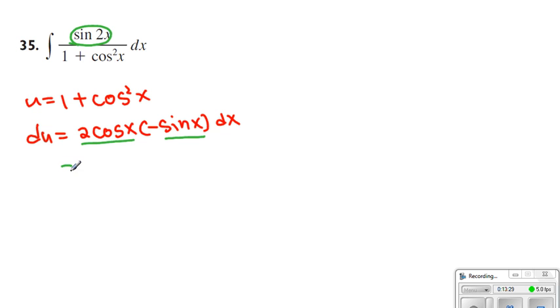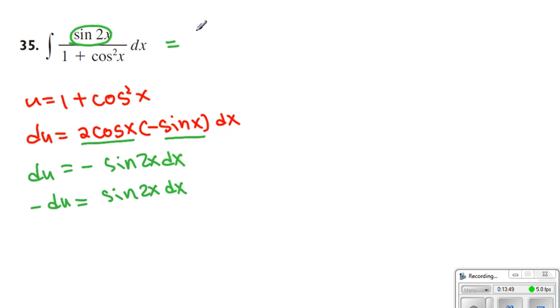So therefore, if you rewrite this one, du is equal to negative sine of 2x dx. And with the negative sign going over to the other side, negative du must be equal to sine of 2x dx.